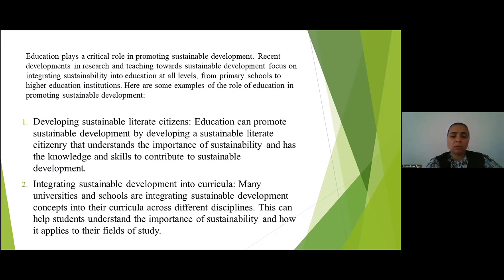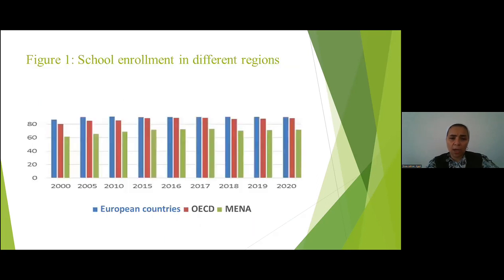Also, we try to integrate sustainable development in our university. We integrate all the SDGs in our university curriculum across different disciplines and courses, because we cannot apply the same curricula that we used before, as they are not highly related to the timely manner we have.